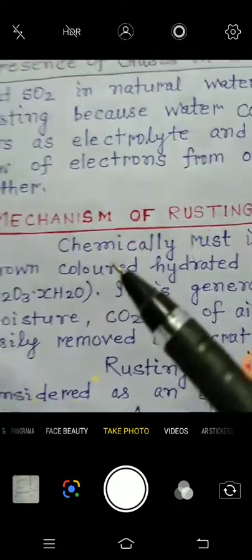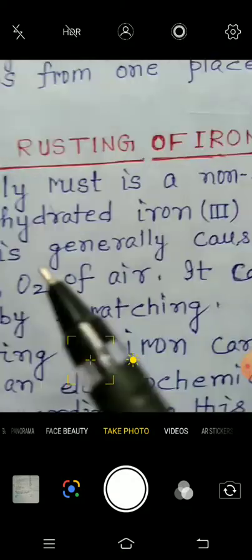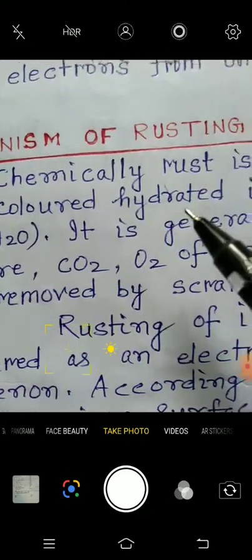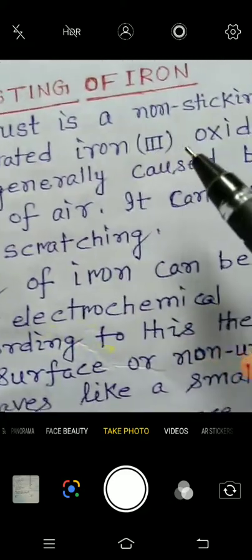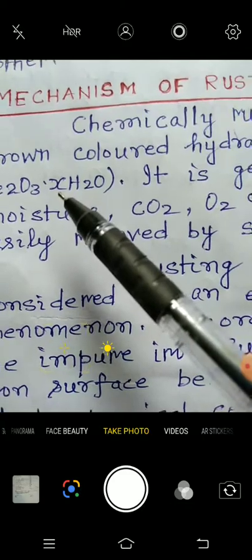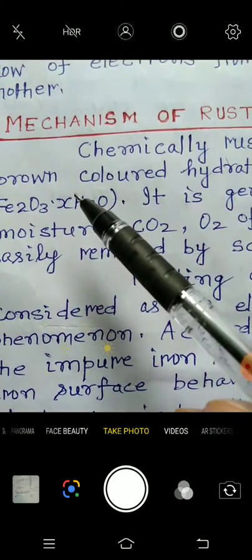The mechanism of rusting. This is the last topic. Chemically, rust is a non-sticking brown colored hydrated iron(III) oxide, that is Fe2O3.xH2O. x represents the amount of water, which varies from time to time.